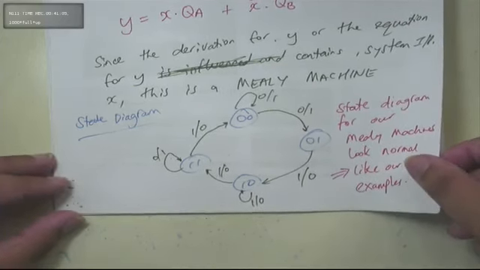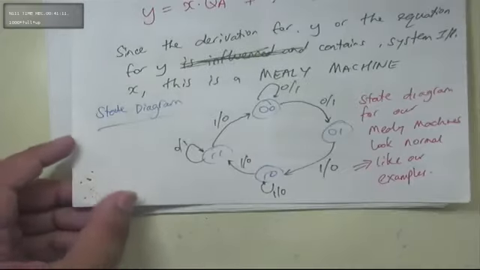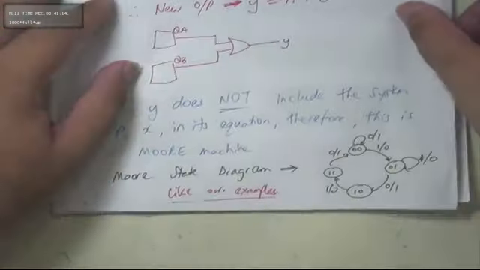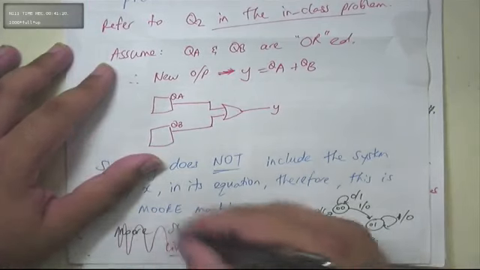Can you guys just cancel this? I'm flipping the page over to the Moore state machine. Can you guys just put a line through here, like that?